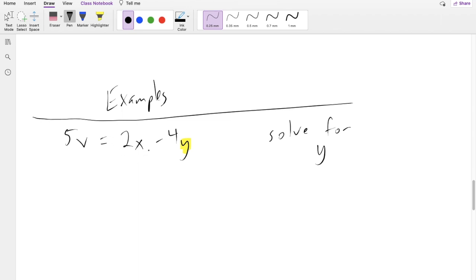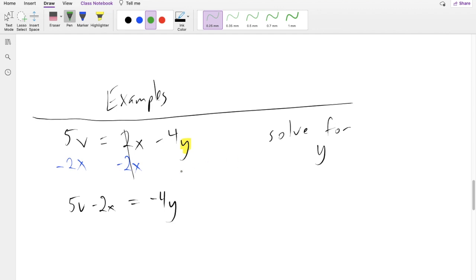So we need to get rid of this addition piece first. So I'm going to start by subtracting 2x on both sides. I can't actually add 5v and 2x together, so they're just going to remain 5v minus 2x. And on the right side, the 2x and negative 2x cancel, leaving me with negative 4y.